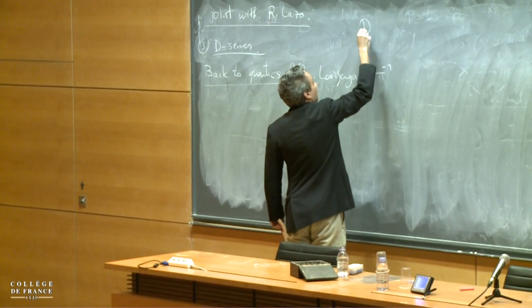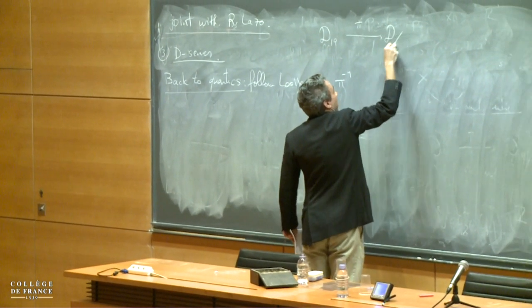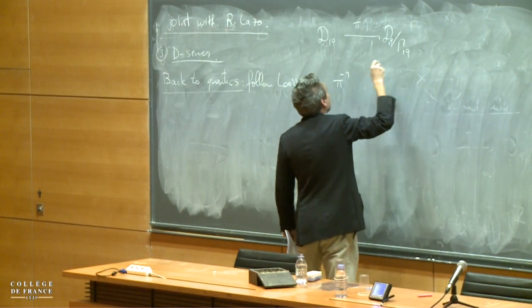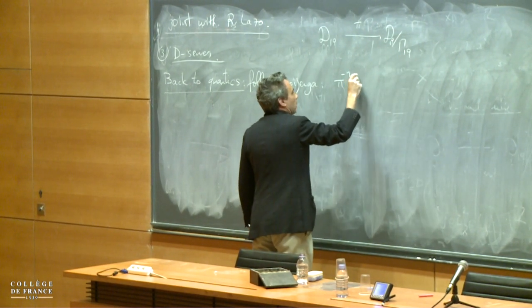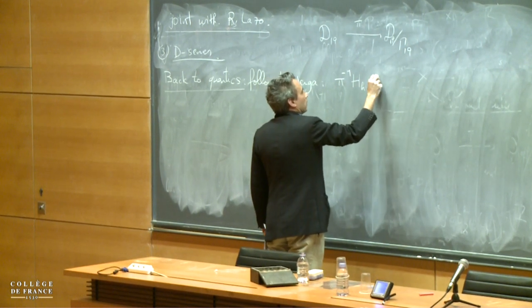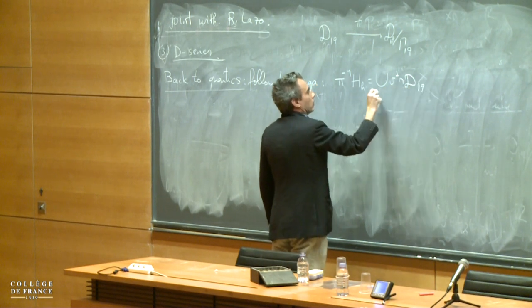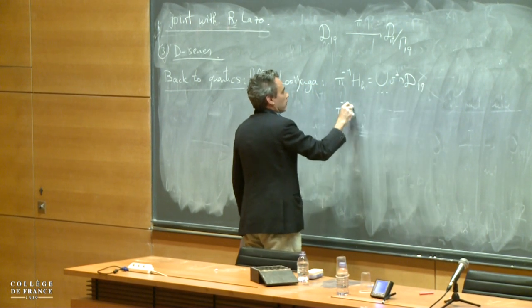So as usual, we have pi is the quotient map for this Gamma 19, and we should look at what I just erased. Okay. So I had these conditions and these.